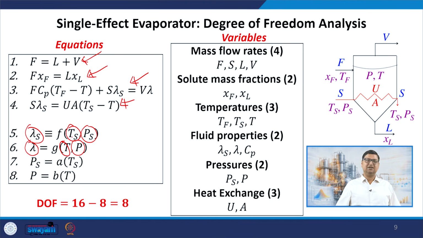Since we assume that we have saturated steam, the pressure of the steam is defined by its temperature, which can again be borrowed from the steam table. And since the liquid inside is also considered saturated for the purpose of the calculations, we also have a relation between the pressure and temperature of the liquid, right.